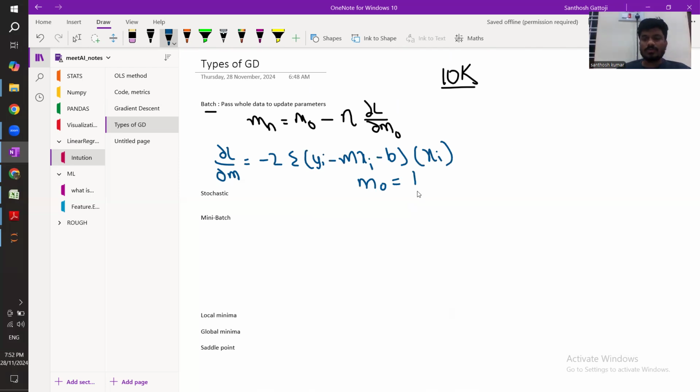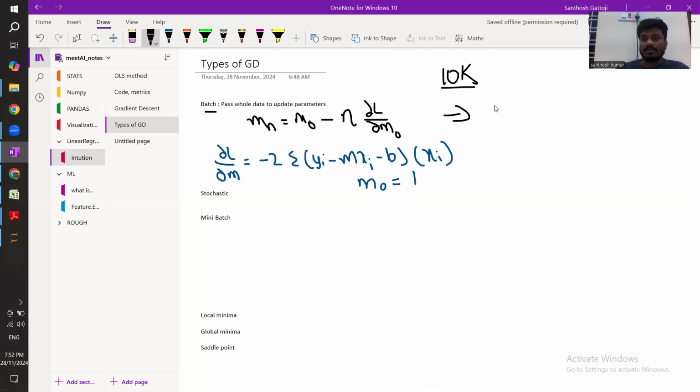Usually we take small values, but you can take any value as initialization. Now the point here is, for this loss, if you consider the complete data set, calculate the loss of each and every point, and then whatever value you get, you update with it.